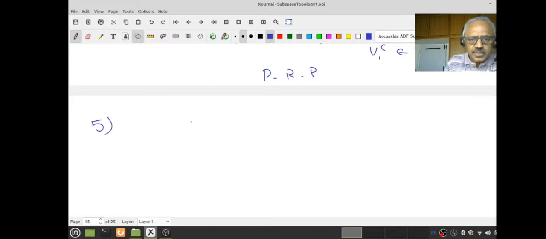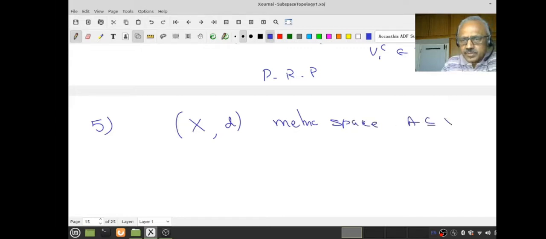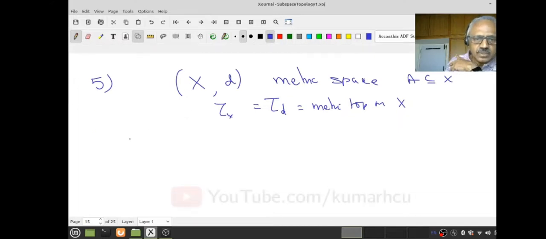Suppose (X, d) is a metric space and A is a subset of X. Then let tau_d be the metric topology on X. Let me just call it tau_X. So tau_X is a topology on X, which is the metric topology.